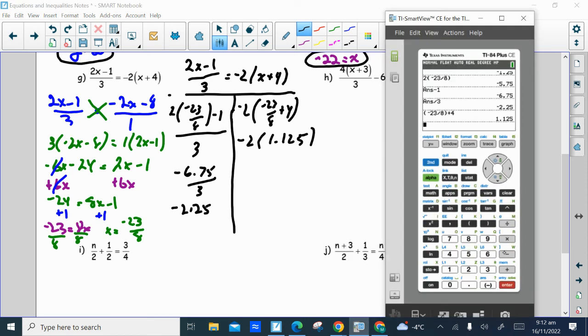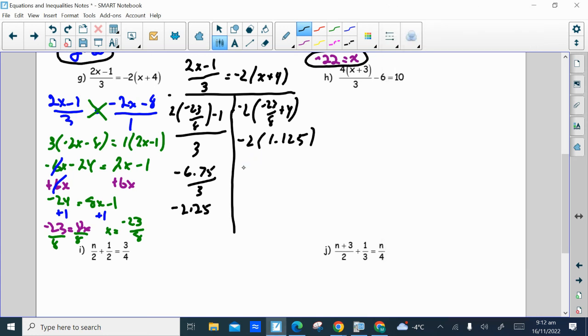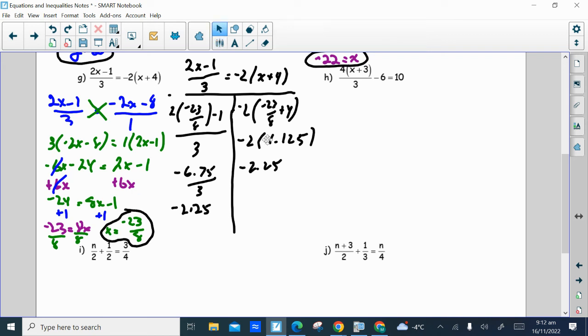And when you multiply that by negative 2, we get the right number. Same as was on the left, negative 2.25. Again, this shows the importance of doing the check. Making sure that the answer you get is the value that makes the equation work. Okay?